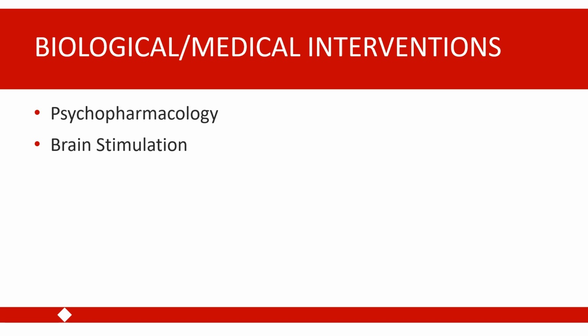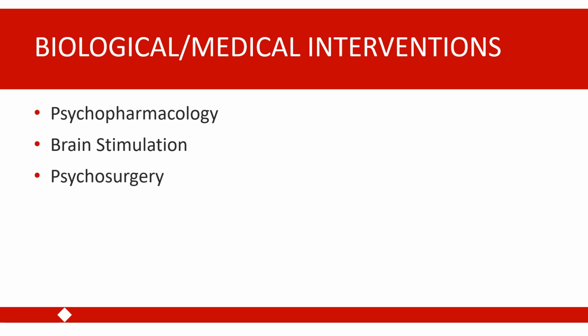In rTMS, we use magnets to non-invasively alter the pattern of brain activation in a way that appears very promising for addressing symptoms, particularly of depression. So all of these different approaches to brain stimulation address symptoms of psychopathology by directly altering brain functioning.